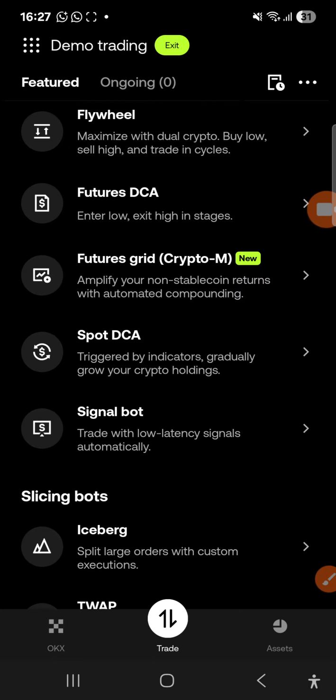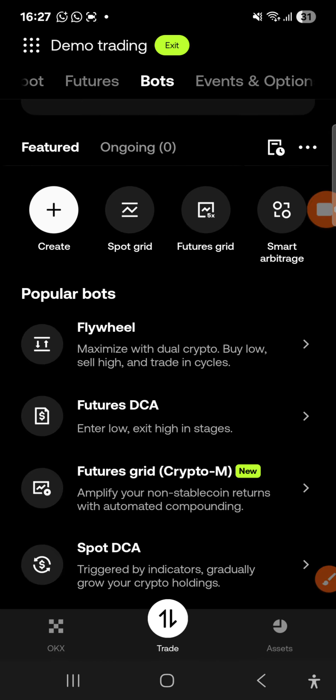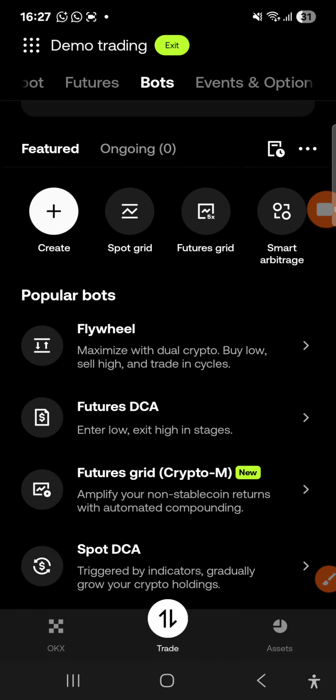Now bots are many, and for us I want us to look at Futures DCA. When I talk about Futures DCA, that means futures trading may contain both long positions and short positions.